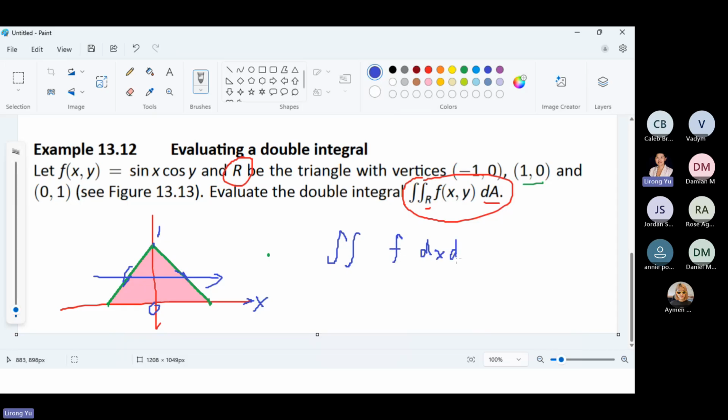dx dy. The reason for that is you can see the y values are from 0 to 1. On the x value, it goes from the left side to the right side. What are these lines?